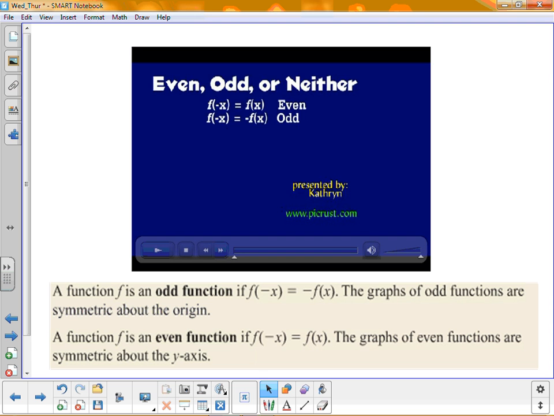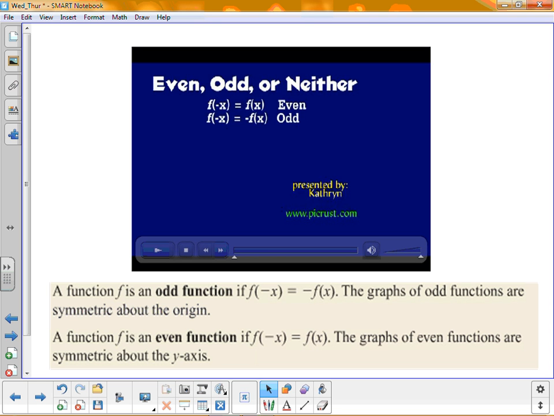There's no remainder. What do you get when you do 2 divided by 2? 4 divided by 2? 8 divided by 2? See, all of those go in there evenly. Now, for a number to be odd, it's not divisible by 2.